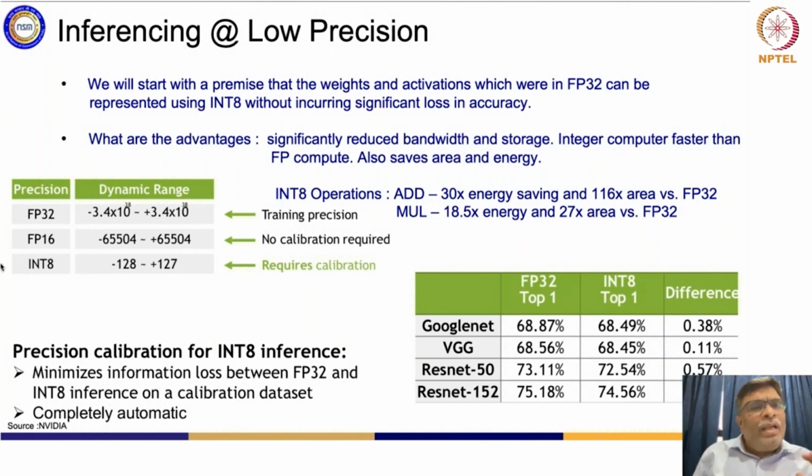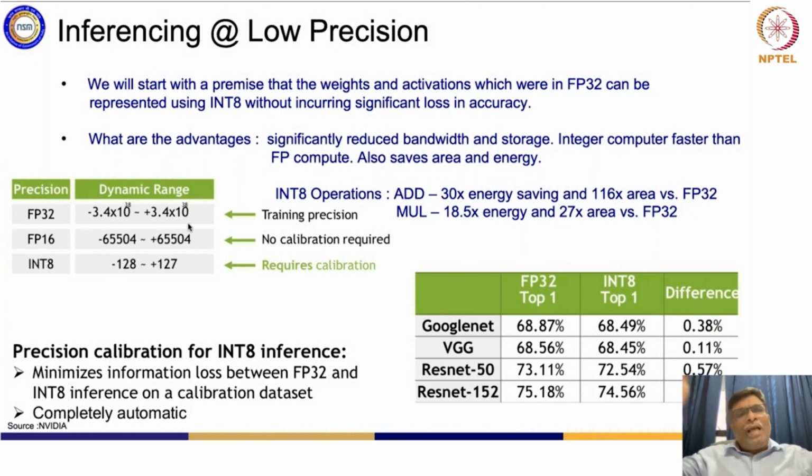If you are working with FP32, your dynamic range varies from minus 3.4 into 10 to the power of 38 to plus 3.4 into 10 to the power of 38. This is the dynamic range in which your model would have got some values, for the weights and for the activations.